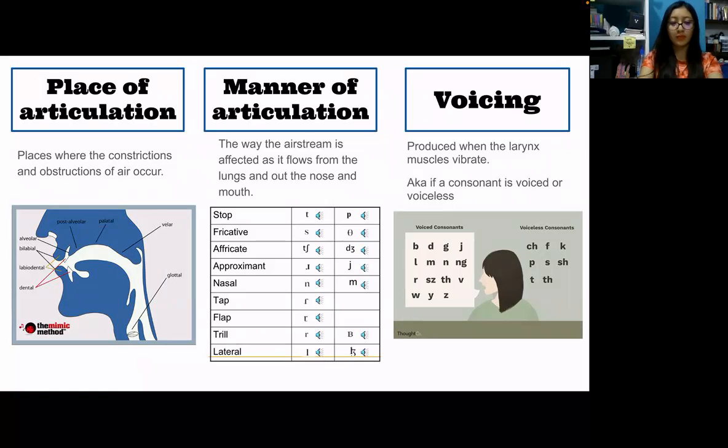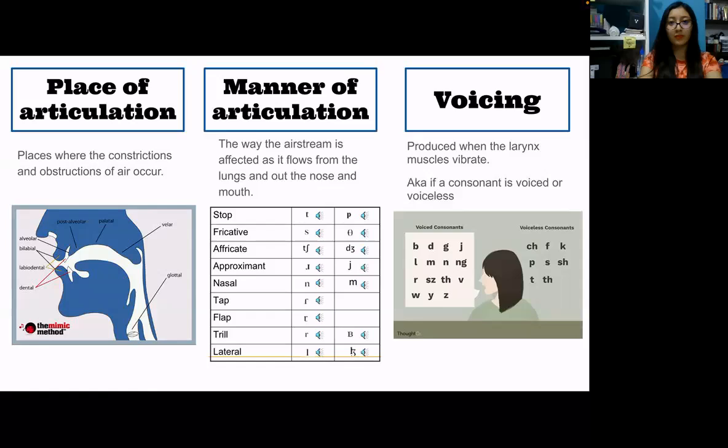And voicing, a consonant will be voiced when it produces a vibration in the larynx muscles. So basically we have voiceless consonants and voiced consonants.